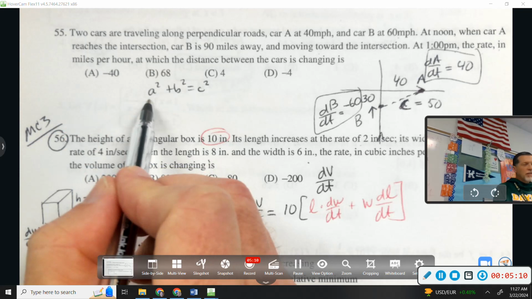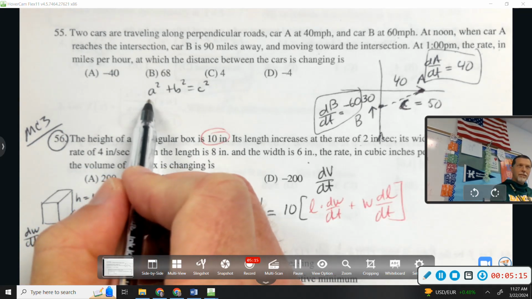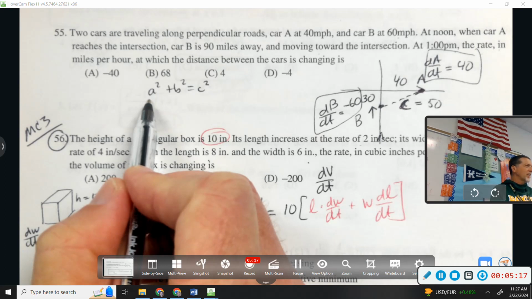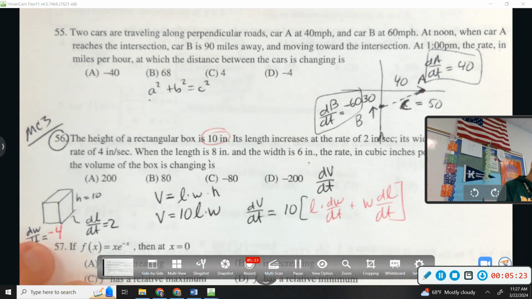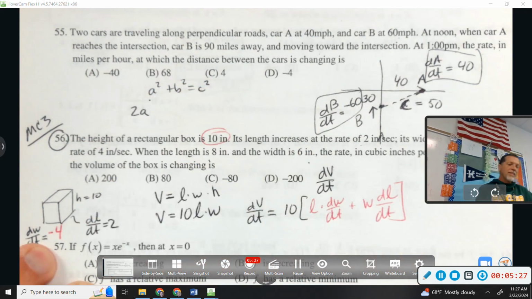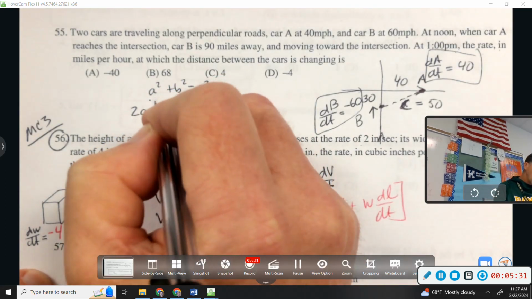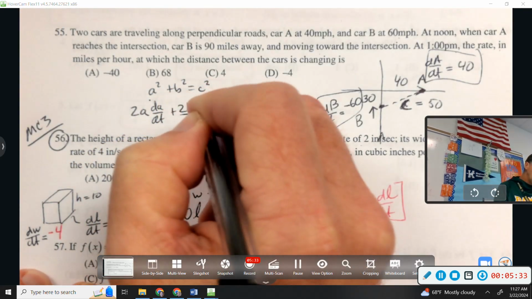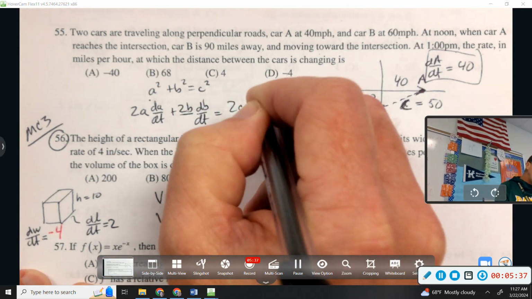So what's the derivative of A squared with respect to t? Yeah, what's the derivative of A squared? Start there. Braden, what's the derivative of A squared? 2A. But what's the derivative of A squared with respect to t? 2A dA/dt, plus 2B dB/dt equals 2C dC/dt.